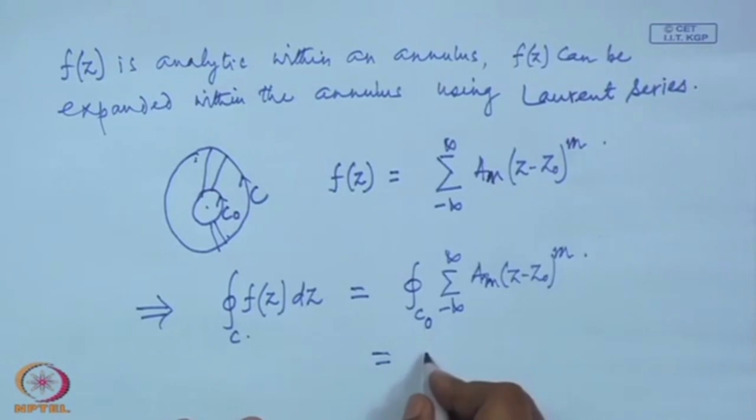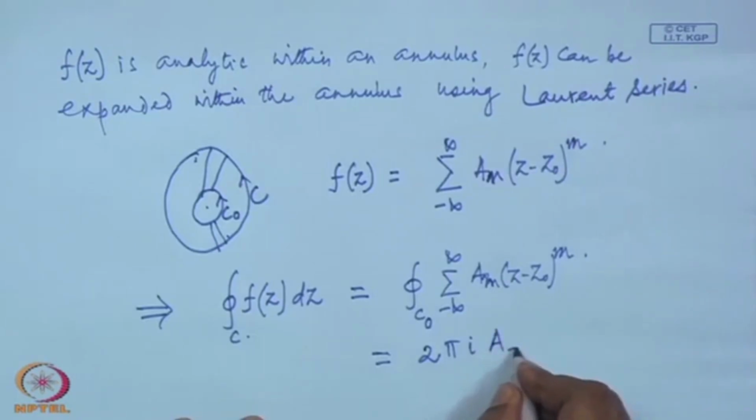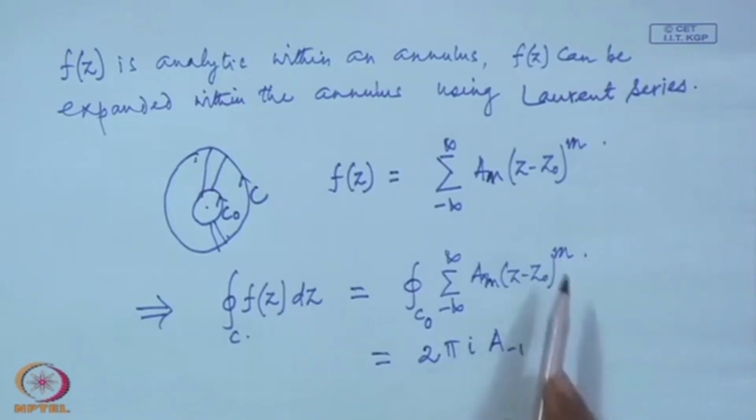The result is 2 pi i a minus 1. A minus 1, as you can see, is the coefficient of the m equal to minus 1 term, that is the 1 by z minus z naught term.